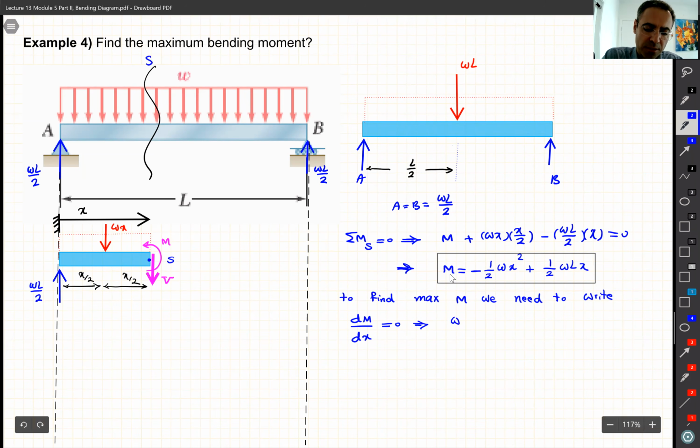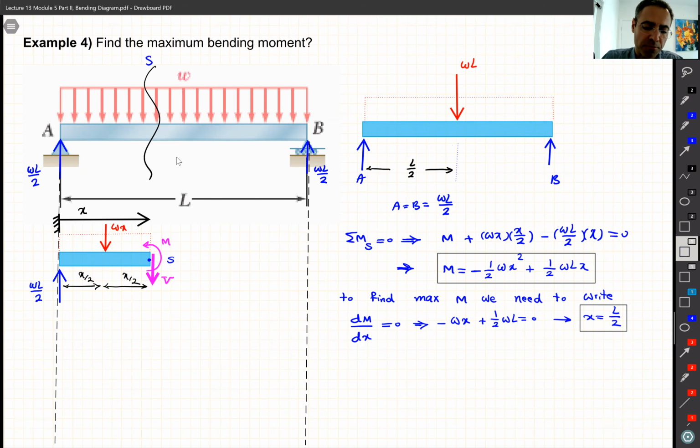So let's take the derivative, gives us minus wx plus half of wL equal to 0. From here, x is L divided by 2. So it means the maximum bending happens in the middle of this beam. It was obvious. We know if you have this beam, it's going to sag maximum in the middle, all right? But we just want to make sure the math also confirms it. And at this point, we know V is equal to 0, right? Because dM divided by dx, in fact, is V.